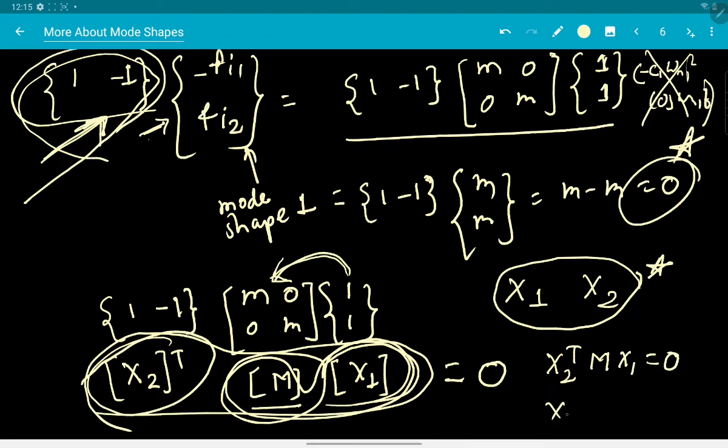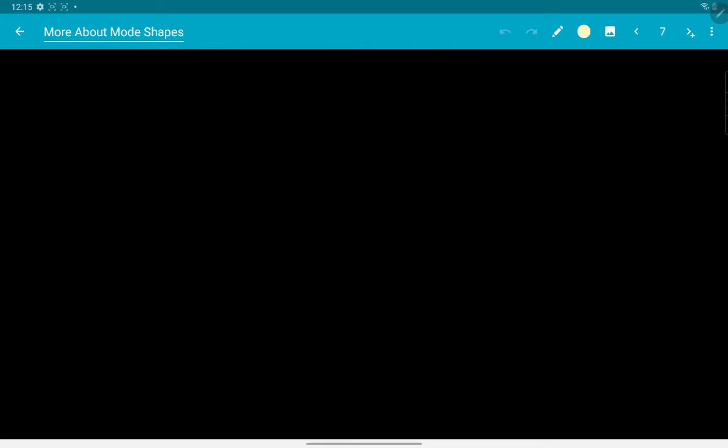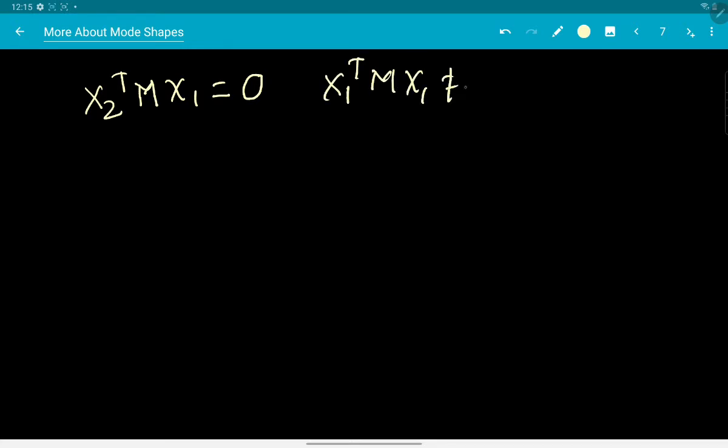It doesn't mean that x2 transpose x1 is equal to 0. In this case that also is true, but not always. It will not happen in all other systems. However, you pick any system, and you will see that x2 transpose m x1 is always equal to 0. However, x1 transpose m x1 will not be 0.